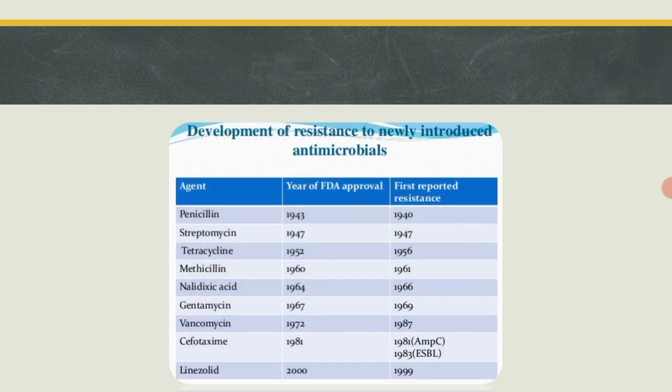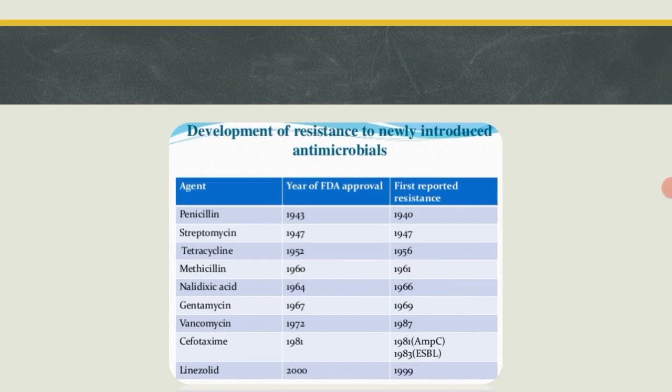Now you can see in this picture there is a table of the antibiotics, and the year in which resistance was developed. So it shows the development of resistance to newly introduced antimicrobials.